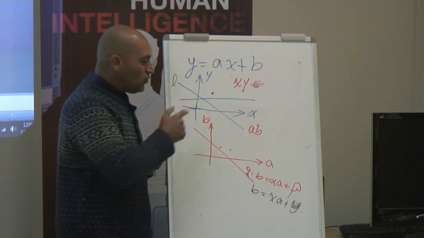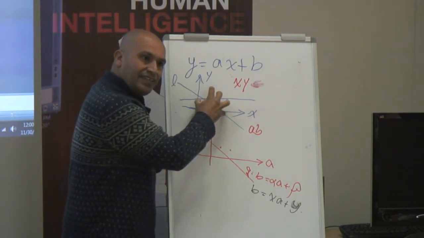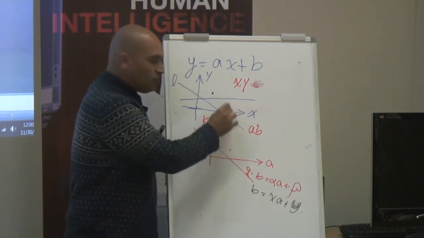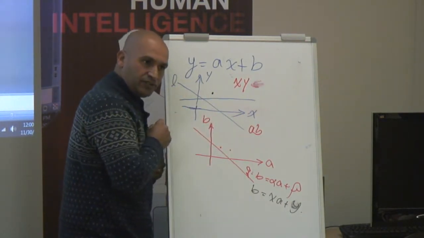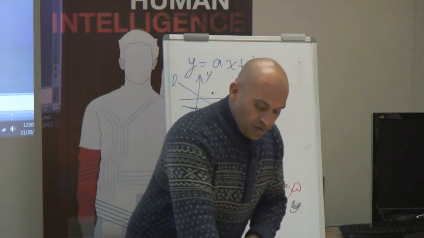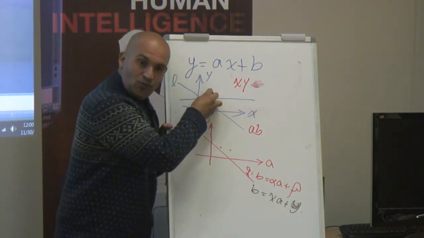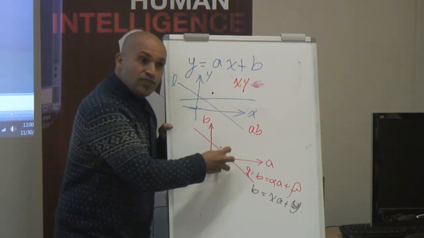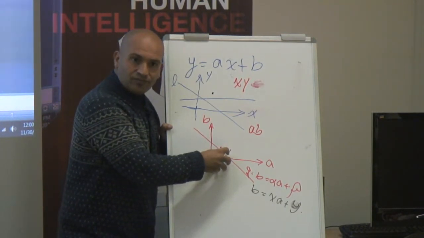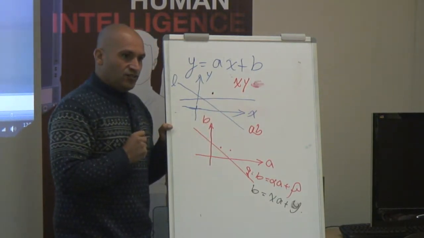This is what we call the dual space. The line here will be represented as a point here, and the line here will be represented as a point. What's nice about the duality theorem is that for any theorem applied to this one, there exists a dual theorem applied to the other. This is an immediate case of duality.